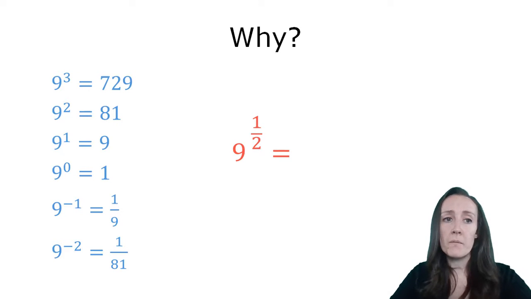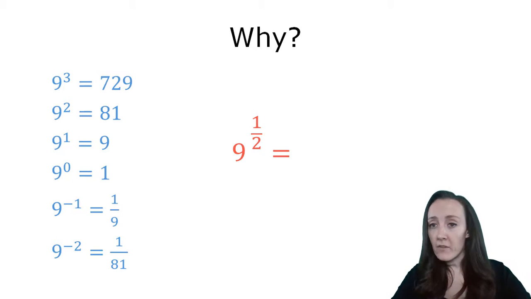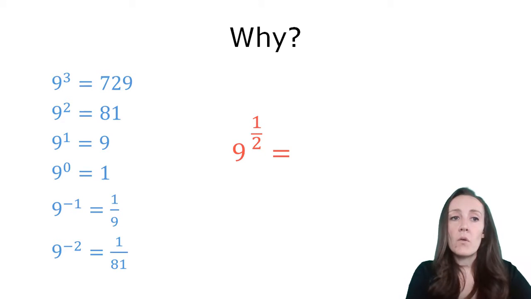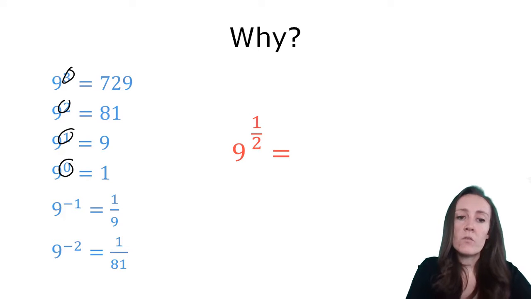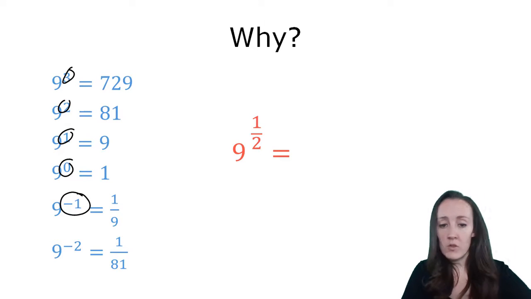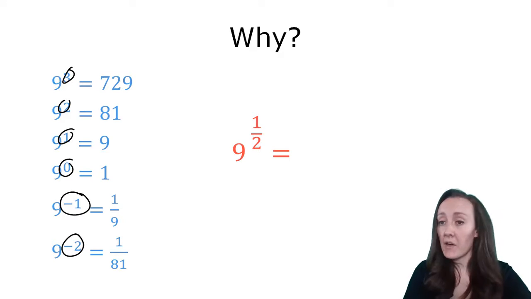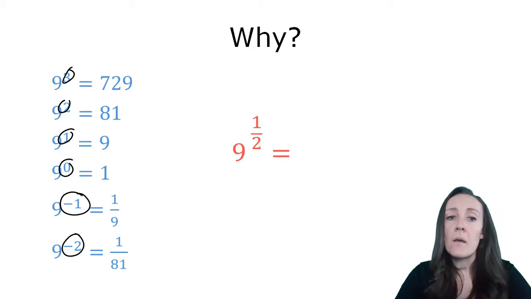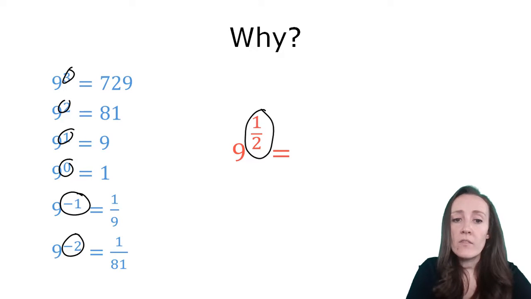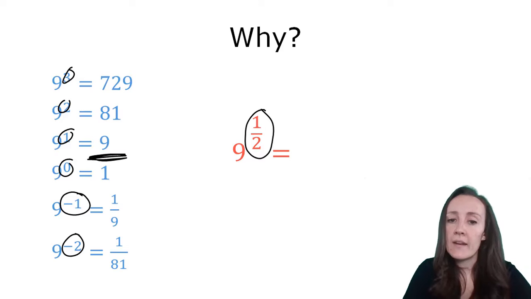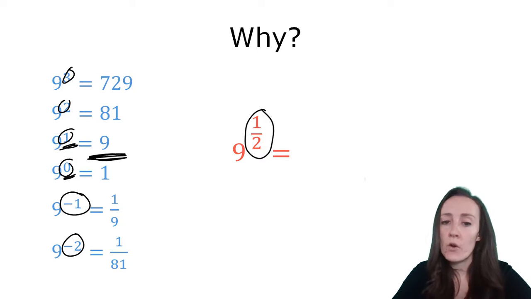The reason why you simplify it this way can be figured out if you look at the pattern of how exponents work. If you list out all of the positive exponents and also the negative exponents, which you can watch one of my other videos about if you don't know how to do negative exponents, you'll notice that 9 to the 1/2 power has to go somewhere in between 9 and 1, because 1/2 is somewhere in between 1 and 0.